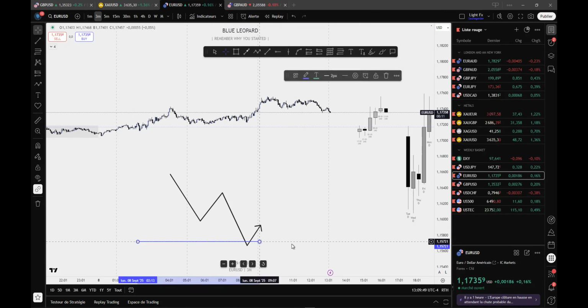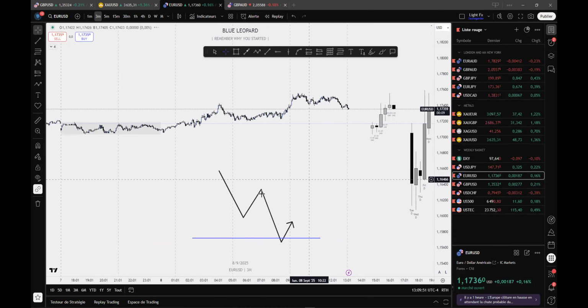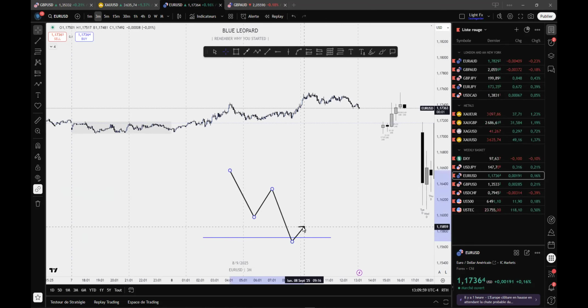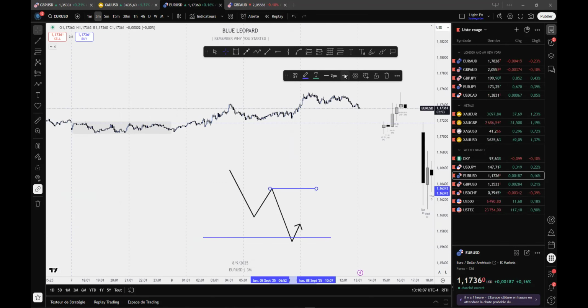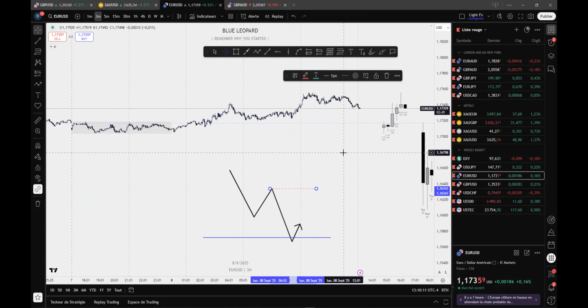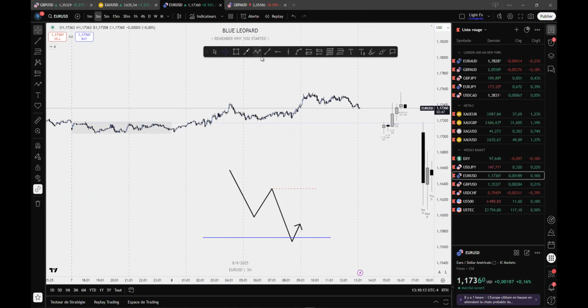So if you know how to choose the key levels, you will understand that these levels are very important. So if the daily is going down and then we reach a key level like this, we can wait for price to come here to break our level, and then we can say, okay, now the daily has turned bullish, like this.